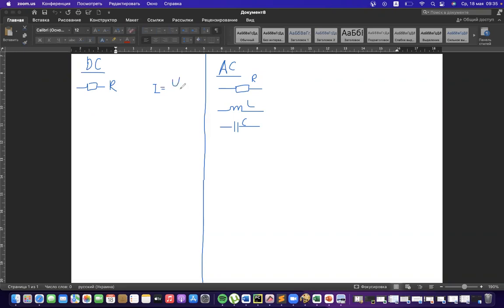For a resistor, current equals voltage divided by resistivity. But for coil and capacitor, the formula uses the operation of taking a derivative, and that is the first problem that occurs in alternating current.